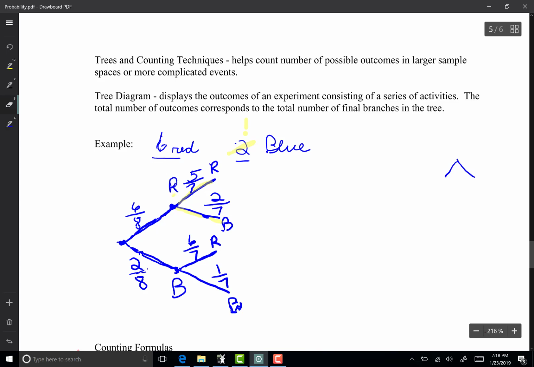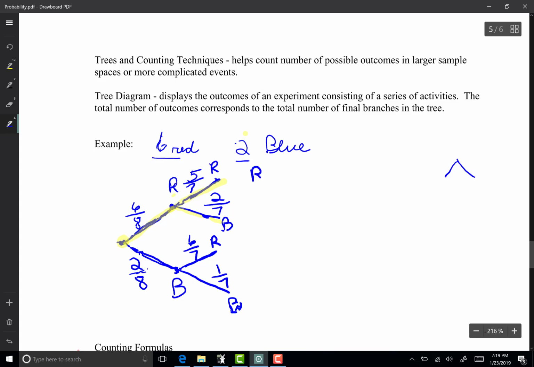Okay, so, oops, sorry, I lost part of my line there. When we go to calculate our probabilities, if we start with the initial node, and we follow it from the beginning here into the end, this is saying we want the probability of getting a red marble on the first draw and a red marble on the second draw.